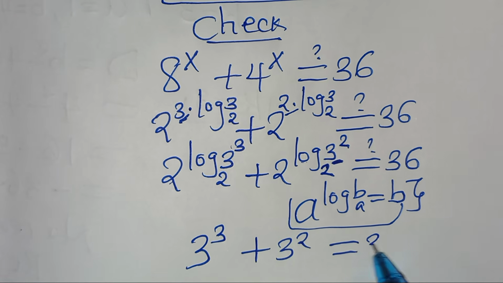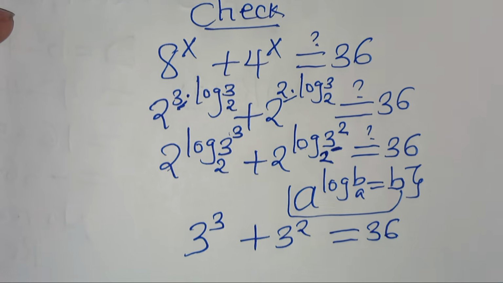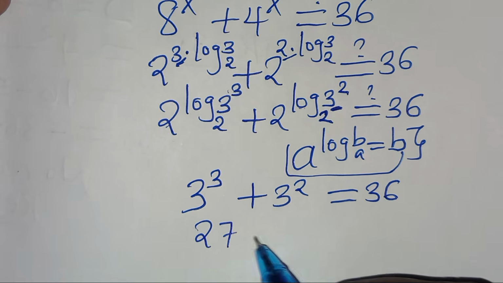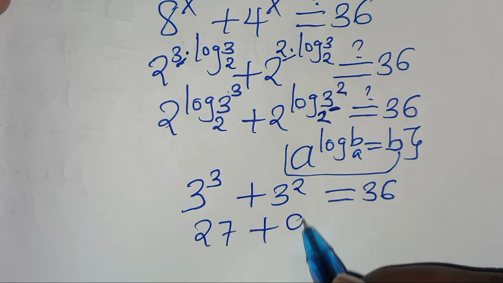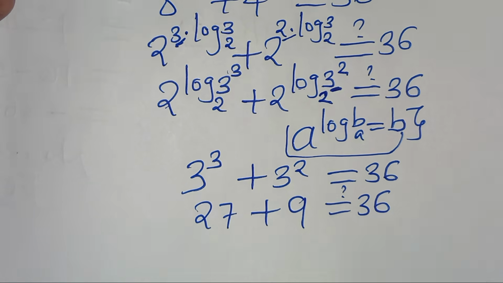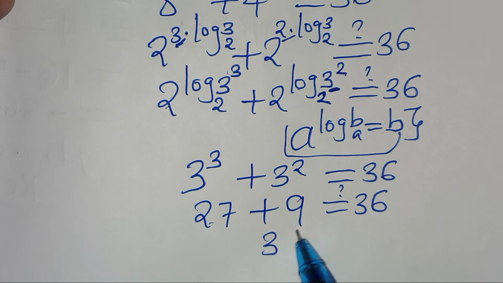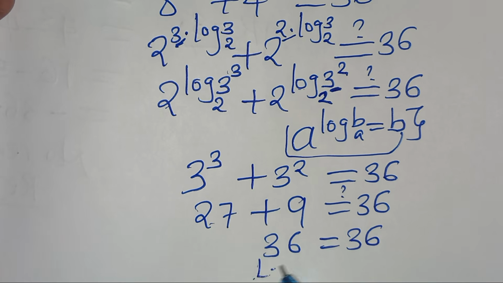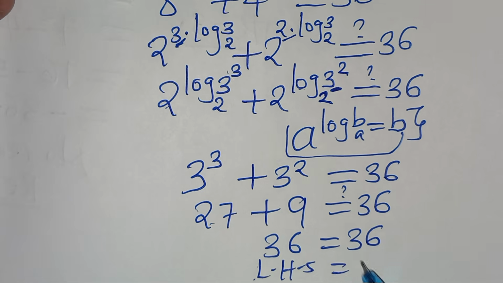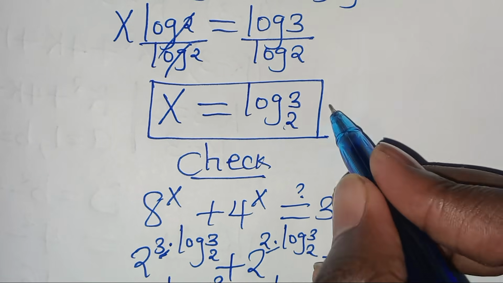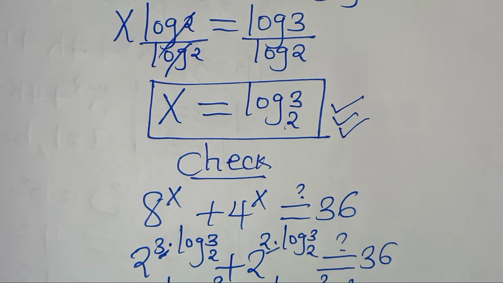This should give us a value of 36. 3 to the power of 3 is 27, plus 3 to the power of 2, which is 9. 27 plus 9 is equal to 36, which is equal to 36. So the left hand side is equal to the right hand side, and this proves that the value of x, which is log 3 to base 2, satisfies the equation.